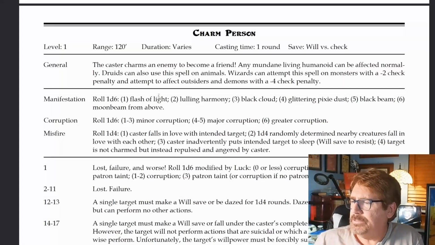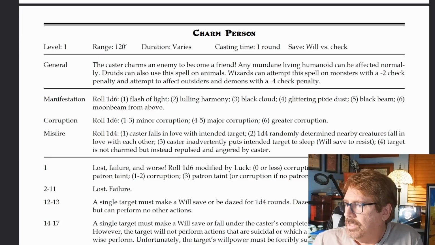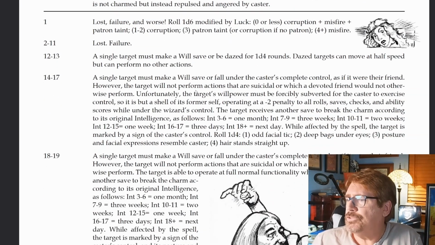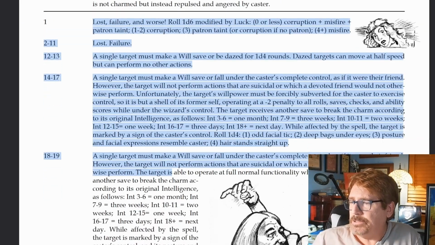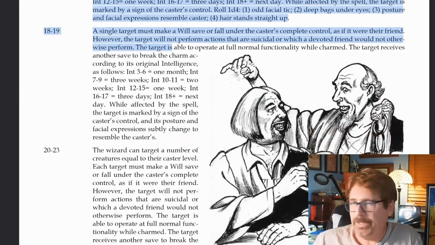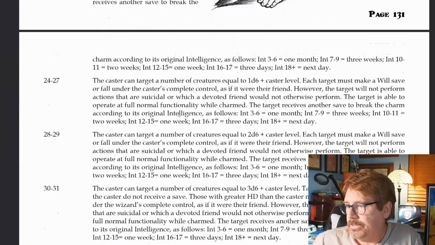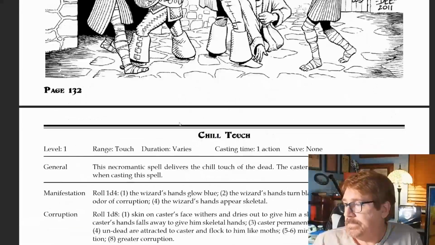So it looks like every spell has a chart. Okay, charm person. One round, duration, range, level. Yeah, these are good descriptions with the results depending. I guess when you cast a spell, you have to roll on the table and see how well you did, see what kind of effect you have for that spell.